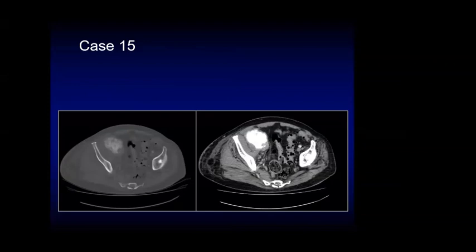Axial CT scan on the left, axial CT scan of the pelvis, both soft tissue and bone window. There is a well-defined, smooth marginated calcified lesion seated within the right iliac fossa, associated with a peripheral soft tissue component.